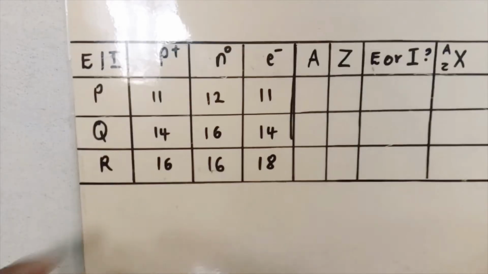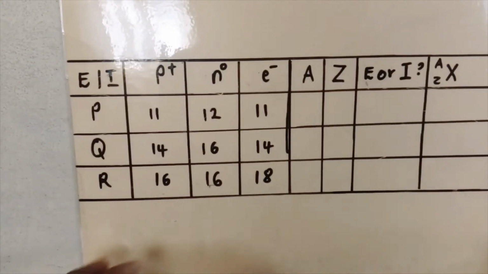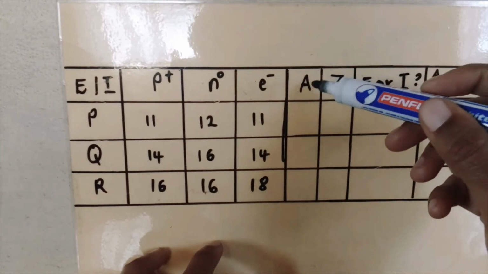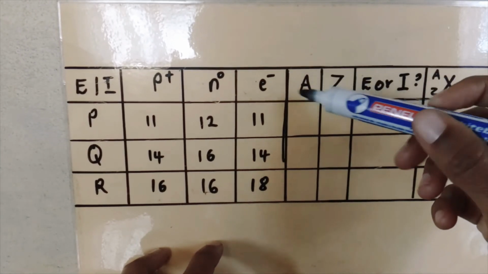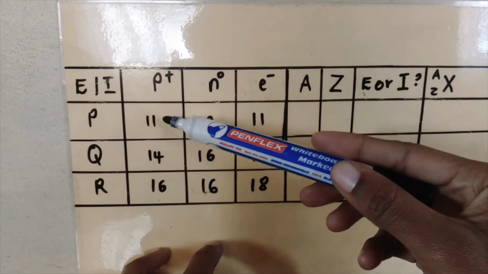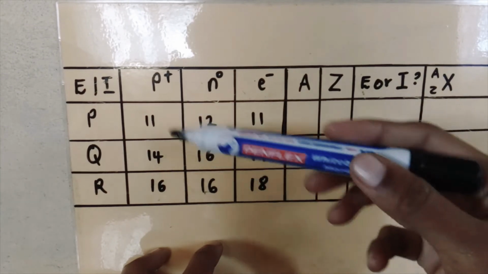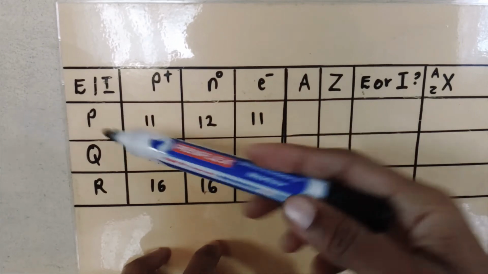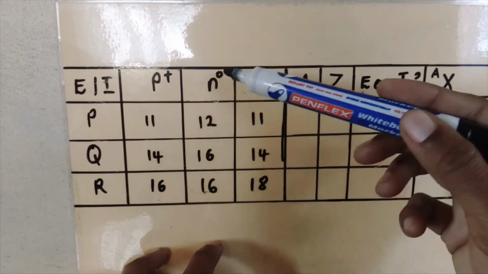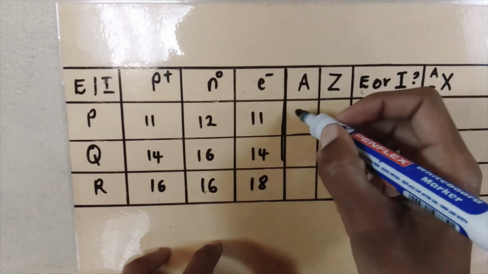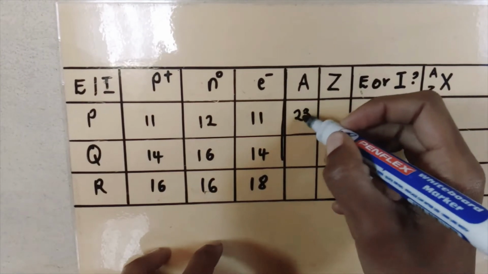So here is our table. We said that A is the atomic mass, equal to the number of protons plus the number of neutrons. P has 11 protons and 12 neutrons, so that's 11 plus 12, which is 23.